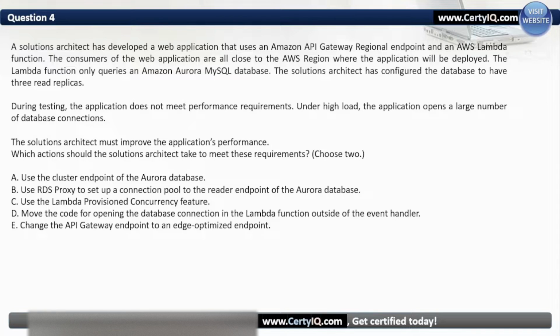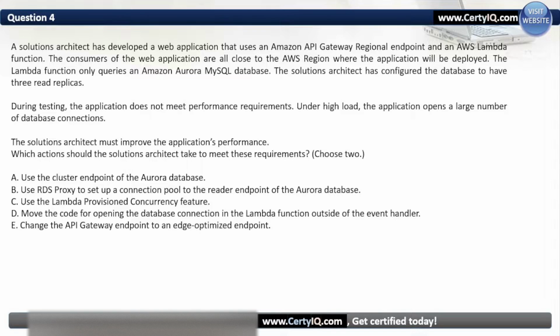Question 4. A solutions architect has developed a web application that uses an Amazon API Gateway Regional endpoint and an AWS Lambda function. The consumers of the web application are all close to the AWS Region where the application will be deployed. The Lambda function only queries an Amazon Aurora MySQL database.